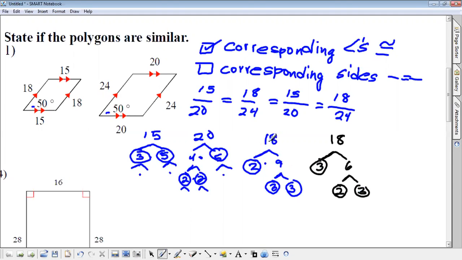Now, after 18 should be 24. Factors of 24, cannot use 1 or 24. Can you do it? Good, I got 6 and 4. Remember, 3 and 8 would also work, 12 and 2 would also work. It doesn't matter, the answer will be the same.